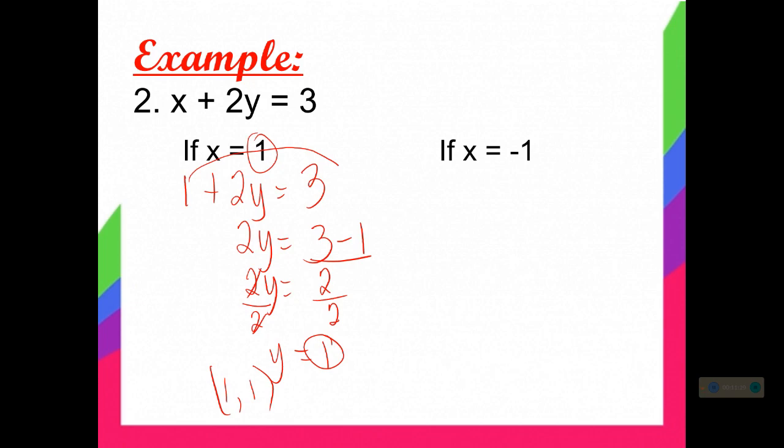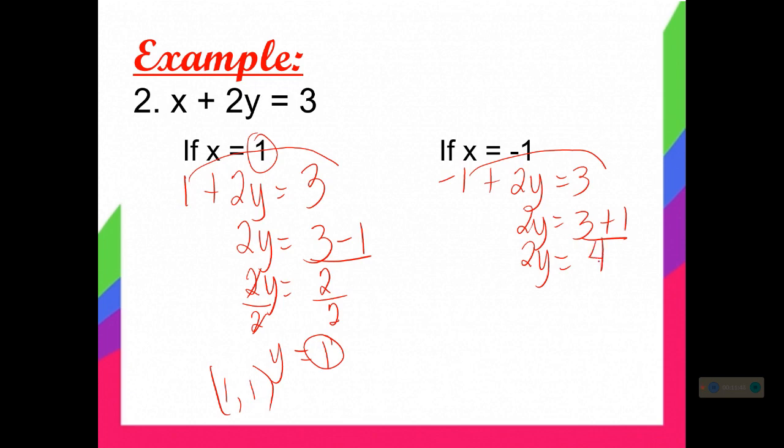How about if x is equal to negative 1? So we have here negative 1 plus 2y equals 3. Then 2y equals 3, by the addition property of equality, this will become positive 1. So we have here 2y equals 3 plus 1 is 4.